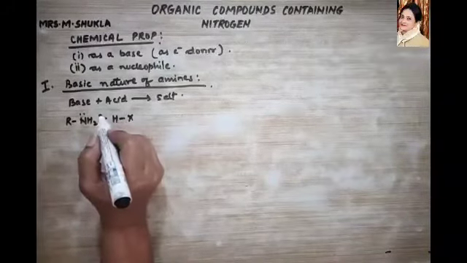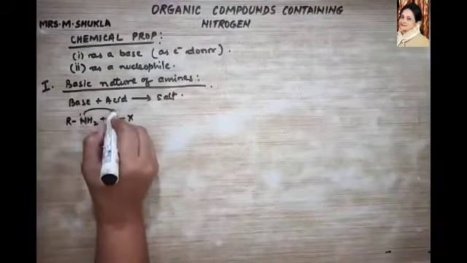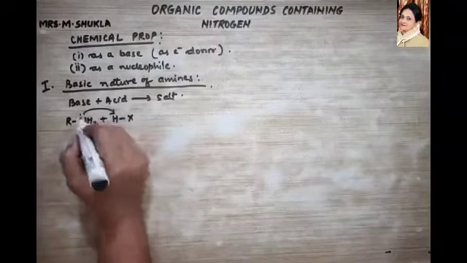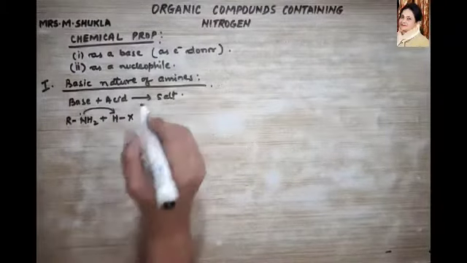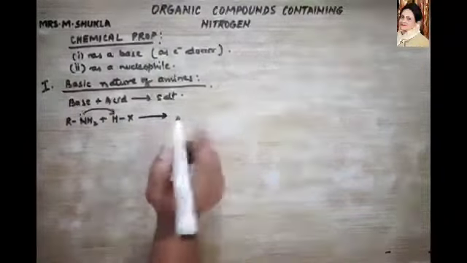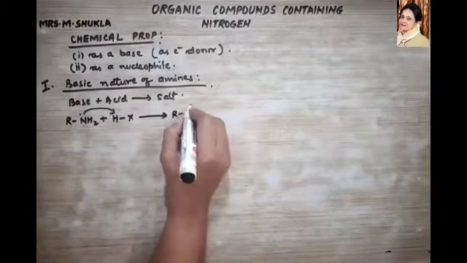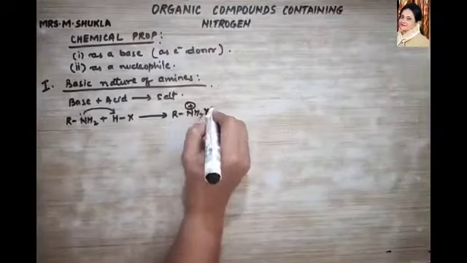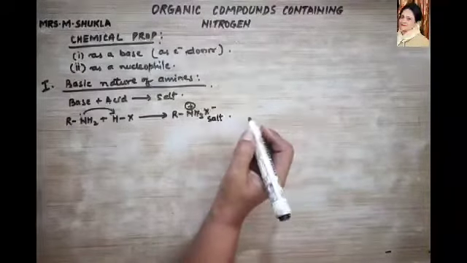So what will happen? The nitrogen donates this lone pair, and this hydrogen is taken away due to electrostatic force of attraction, and what does it form? It should form a salt. What kind of salt? RNH3+ X-. Okay, this is the salt that is formed.